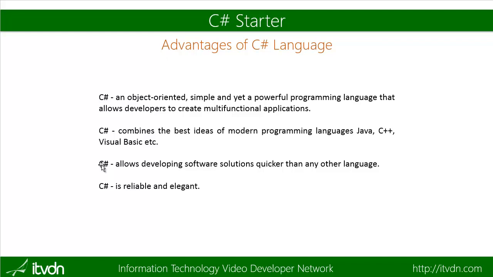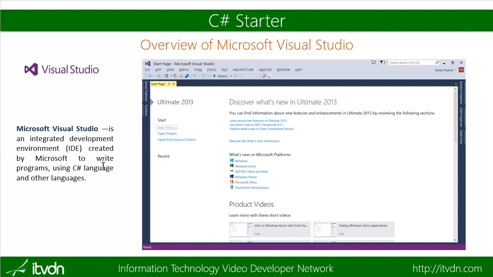Everything is useful here in this world, anything that has to do with programming. C# combines the best ideas of modern programming languages. You remember that. And then we took a look at Visual Studio. We explained in brief what Visual Studio looks like and how to create some simple applications, console applications, Windows Forms applications, and so on and so forth.